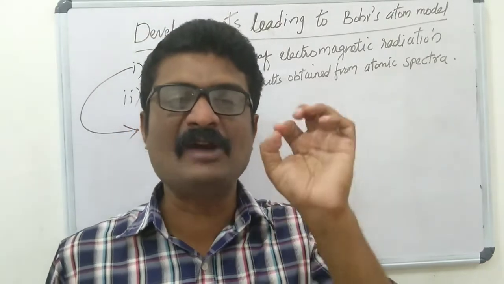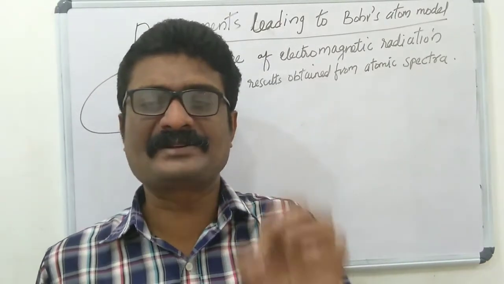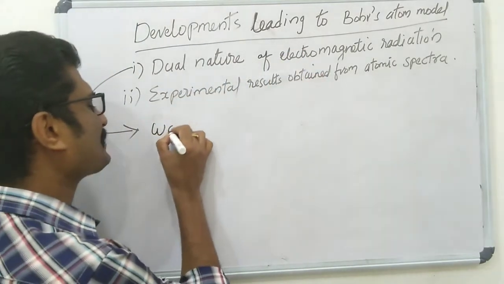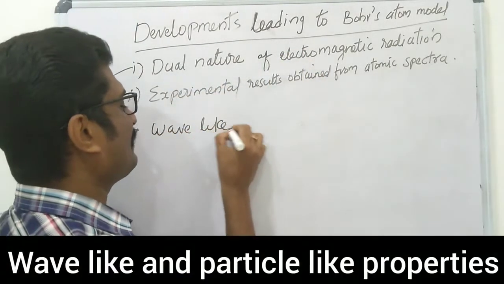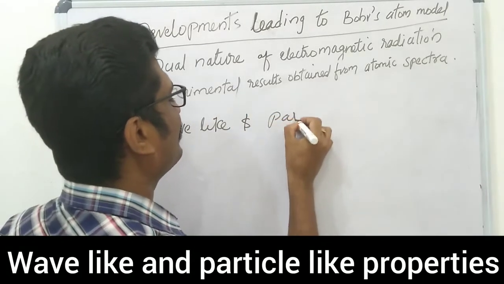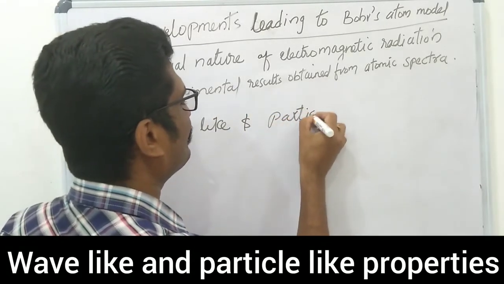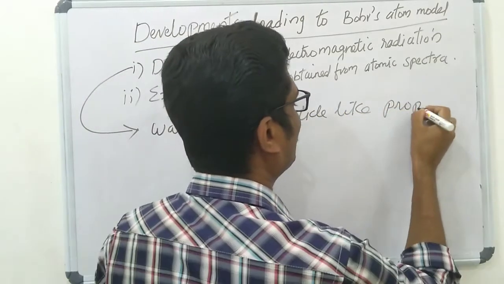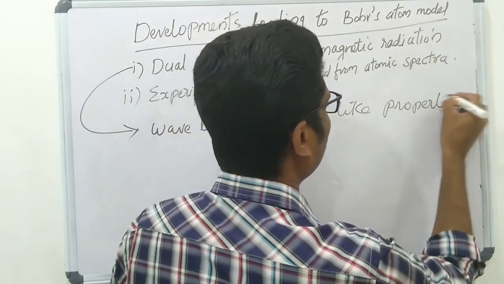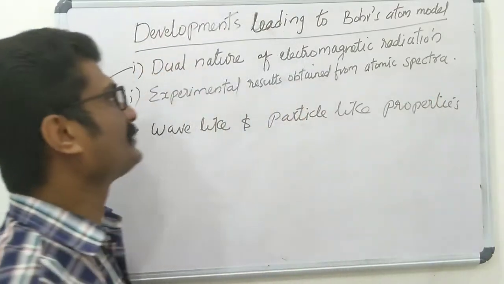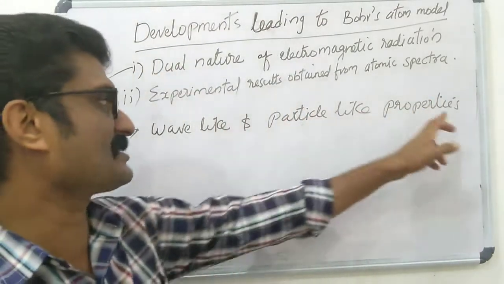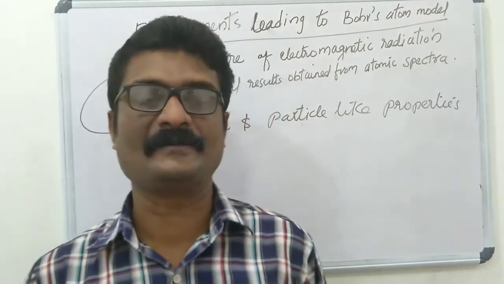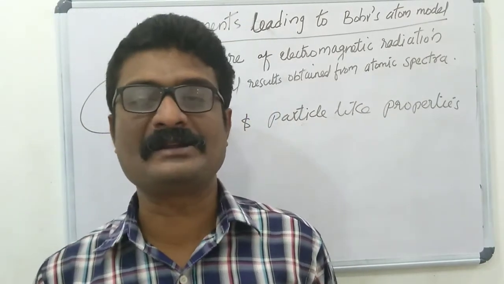That means the wave-like and particle-like properties. The wave-like and particle-like properties of radiation are called dual nature of electromagnetic radiation.